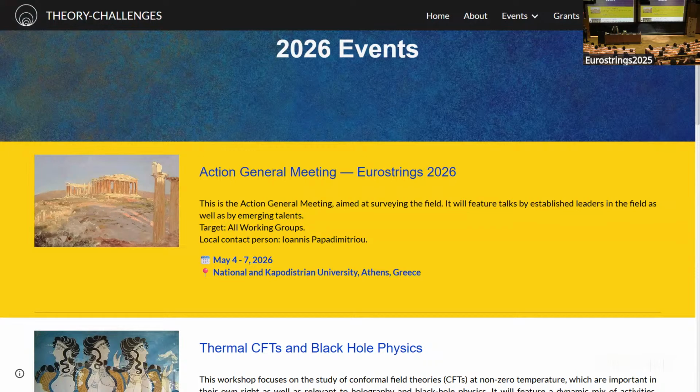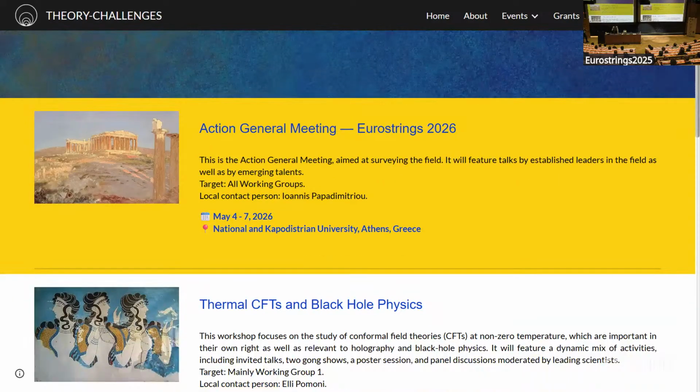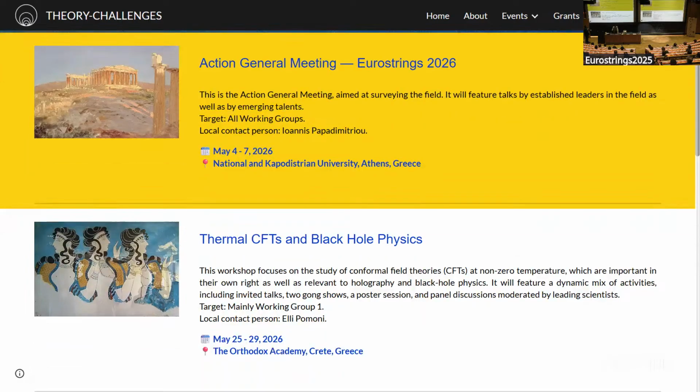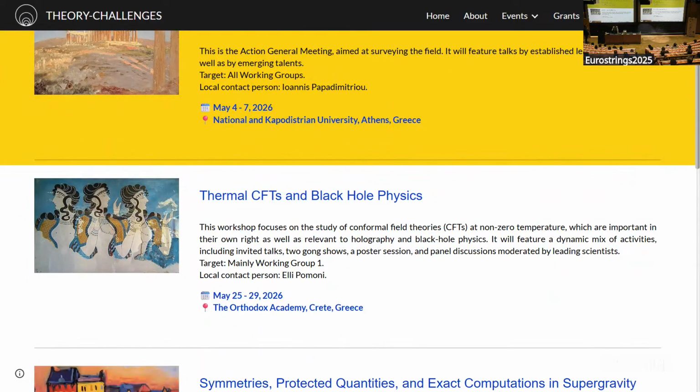On top of this event, which is really of interest for the whole community, there are going to be other events that maybe are a bit more targeted to segments of our community. There is going to be a workshop on thermal CFT and black hole physics in Crete, again in Greece, in May. You find more information and also the local contact person on each of these events.